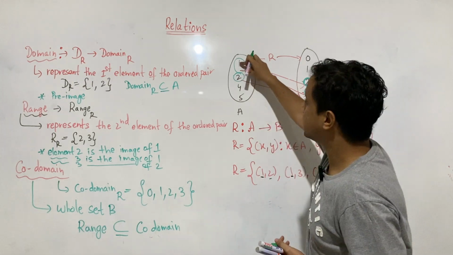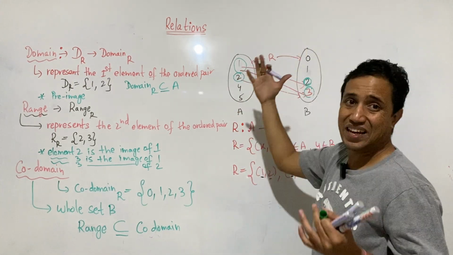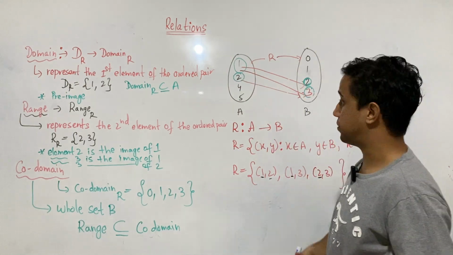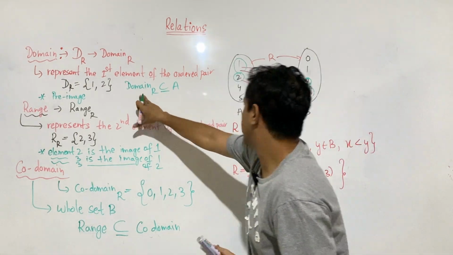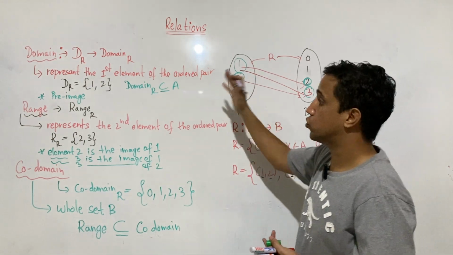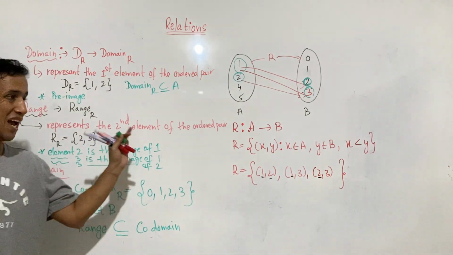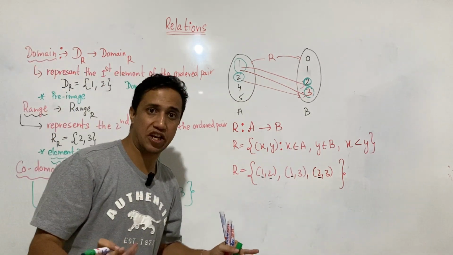Because it's possible that all the elements in set A are related to the elements in set B, then the domain is going to be the whole set A, right? So just keep these things in your mind. I hope you understand the basics of the relations.